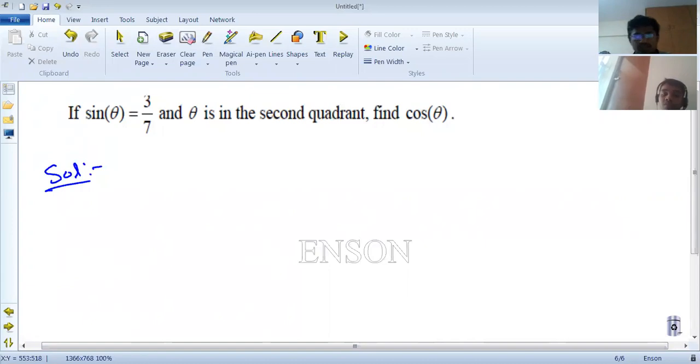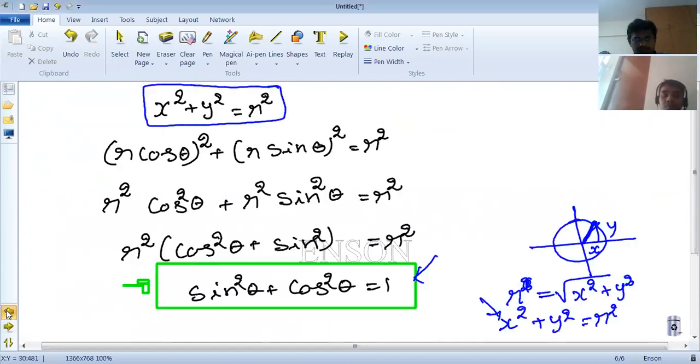So many methods are there to solve this type of problem, but you can consider the previous formula only. Why? Because we are solving another by using this formula, so you will get it very easily. Sine squared theta, cos squared theta. Plug the given value in that ratio, then solve for the next one, whichever you want. Then you will get.